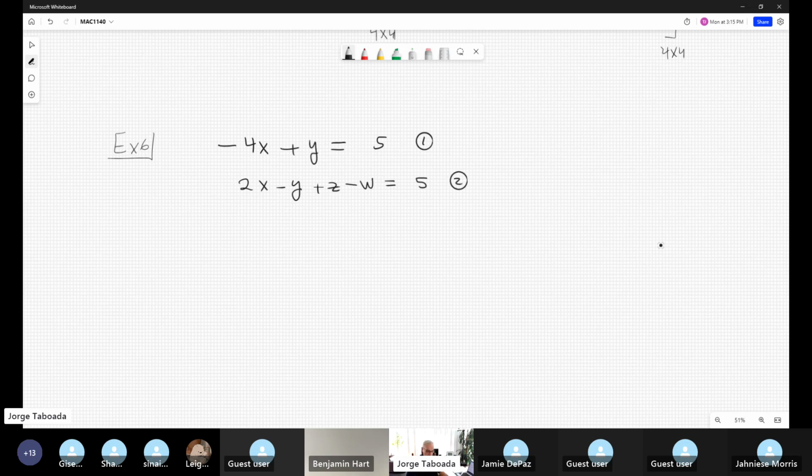Equation 2. z plus w equals 4. Equation 3. This is my system that contains 3 equations only and 4 variables.